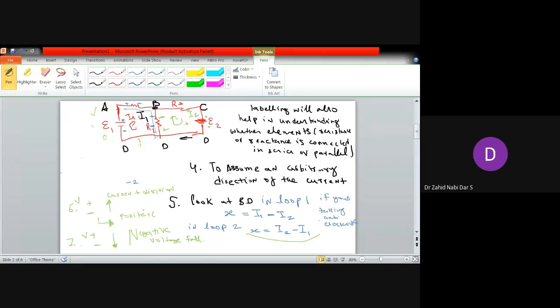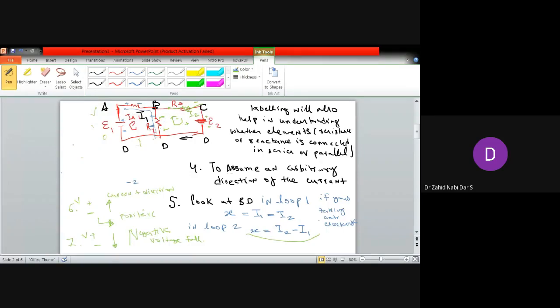Earlier, this resistance direction was generated by this current. Now this resistance direction will be generated by this current. So this current is moving and your R2 over here will again be plus to minus. Now if you see, this is plus to minus, and the current is also moving plus to minus.